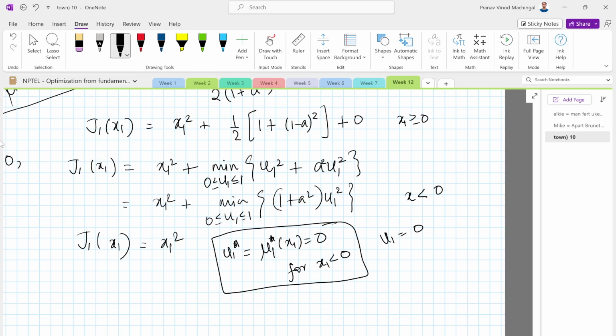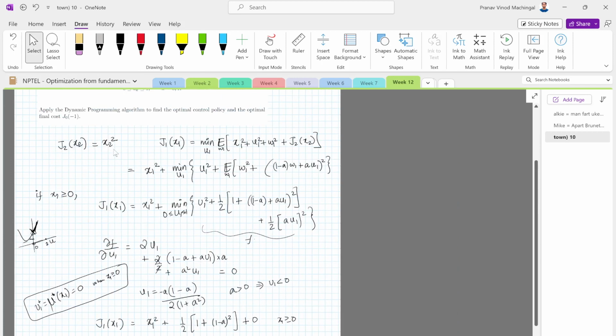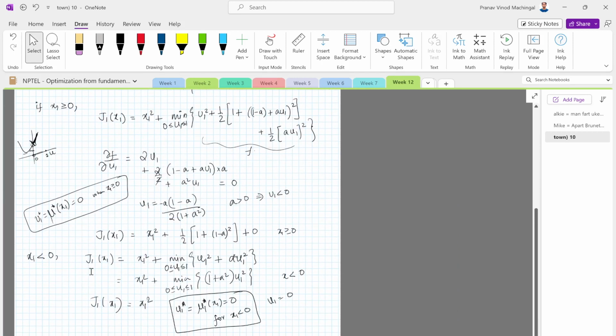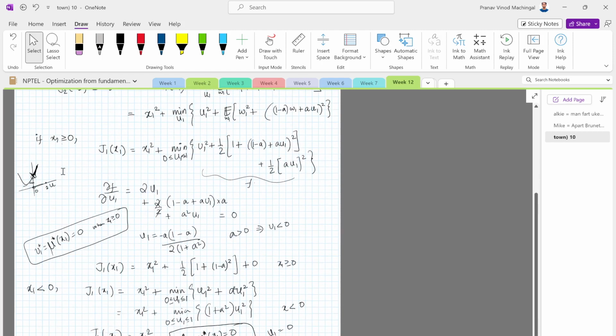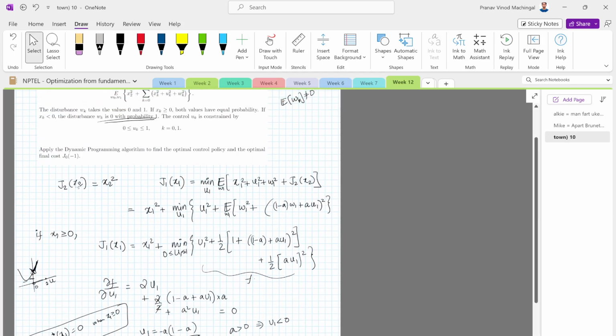Okay. So using J2, we found J1 for when x1 is greater than 0 and when x1 is less than 0. Similarly, using J1 we can find J0 x0, where x0 is minus 1.